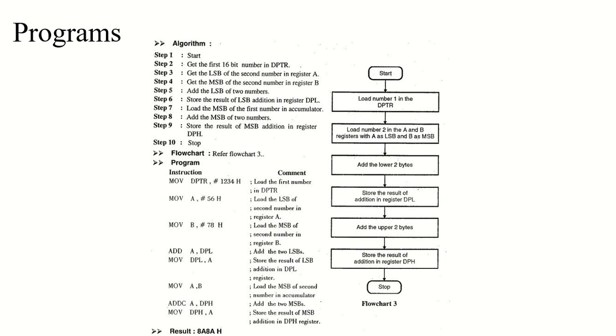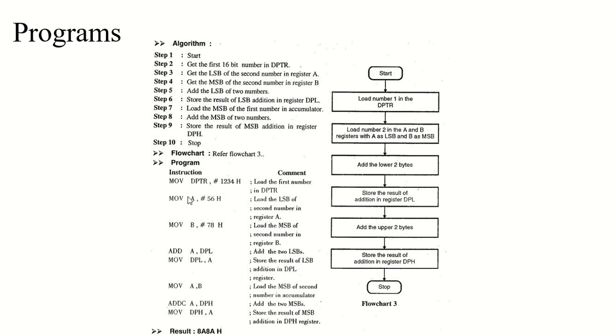Let me elaborate the problem statement in different stages in order to understand how we are going to do it exactly. First we have two 16-bit numbers, 1234H and 7856H. We need to add the two LSBs and the two MSBs separately in 8051 because it is an 8-bit microcontroller.